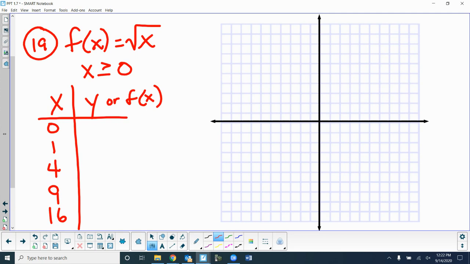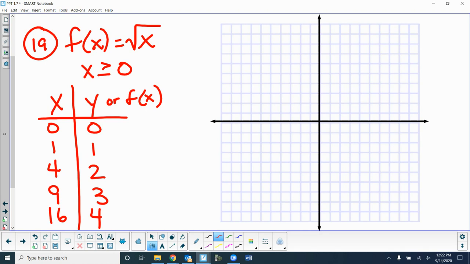So you don't always have to use those -2, -1, 0, 1, and 2 numbers like you're used to using. Does that make sense what I'm saying? So make it easy on you. Use perfect squares. What's the square root of 0? 1, 4, 9, 16.